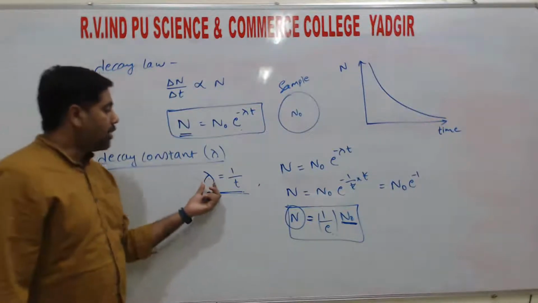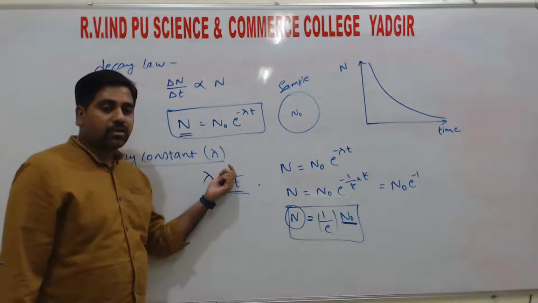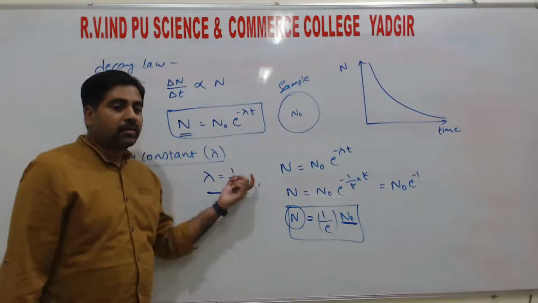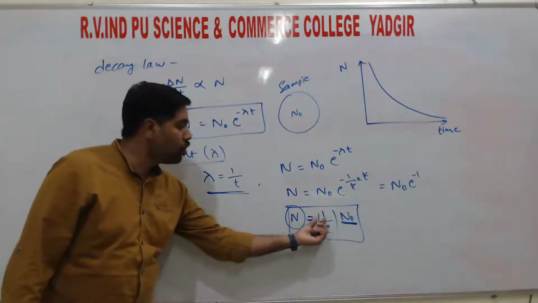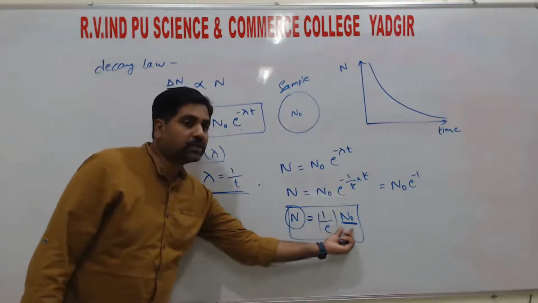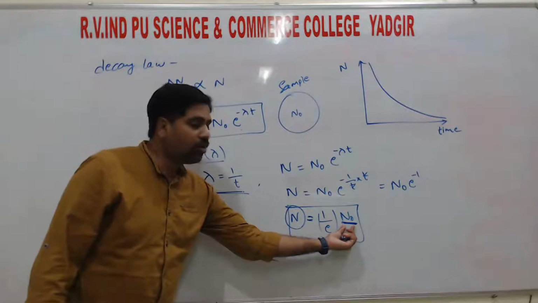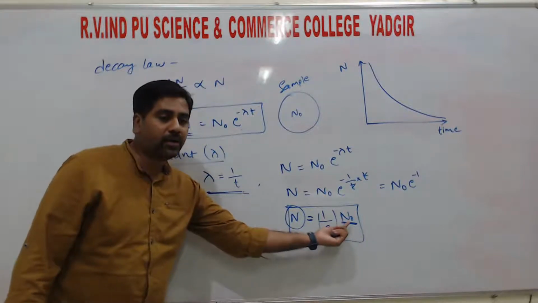So when lambda is equal to the reciprocal of time, then the nuclei in the sample reduce to 1 by e times of its initial value, where n naught is the initial value, that means the parent nuclei, right?